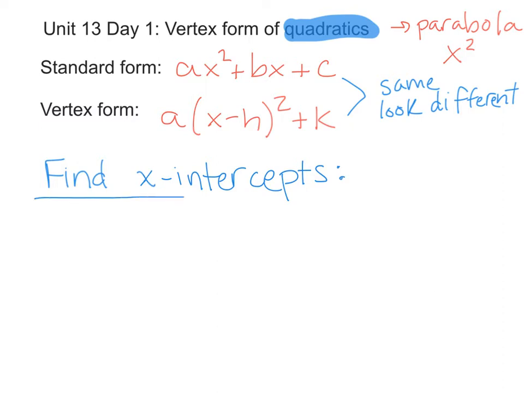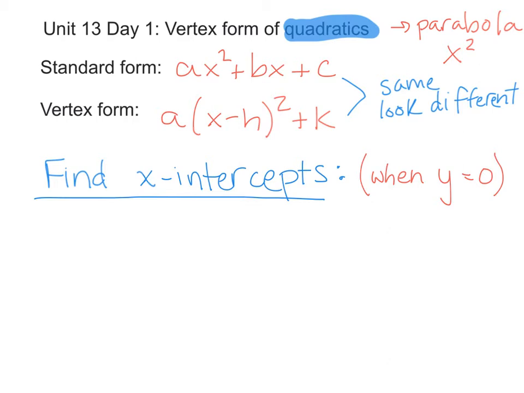Remember, x-intercepts are when y equals 0. That's why we always set y equal to 0 when we are doing these problems. We're going to take a look at a couple examples where we just solve.